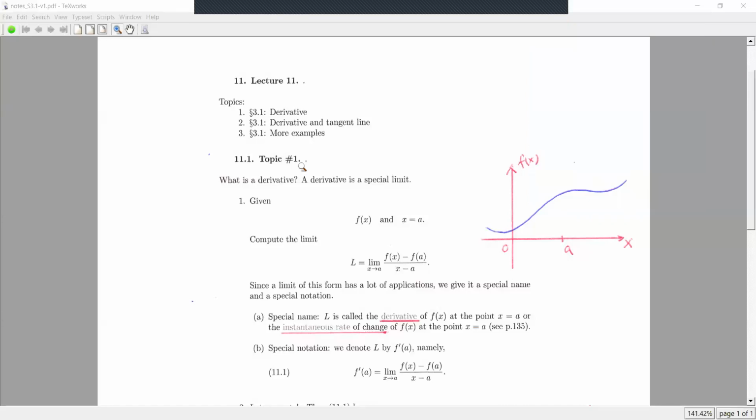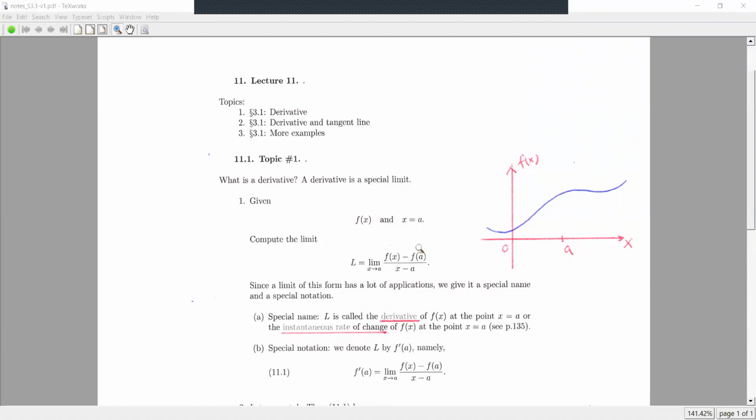Topic 1, you may have heard about derivatives. Then, what is a derivative? A derivative is a limit, a special limit. Given a function f and a point a on the x-axis, we compute this limit.